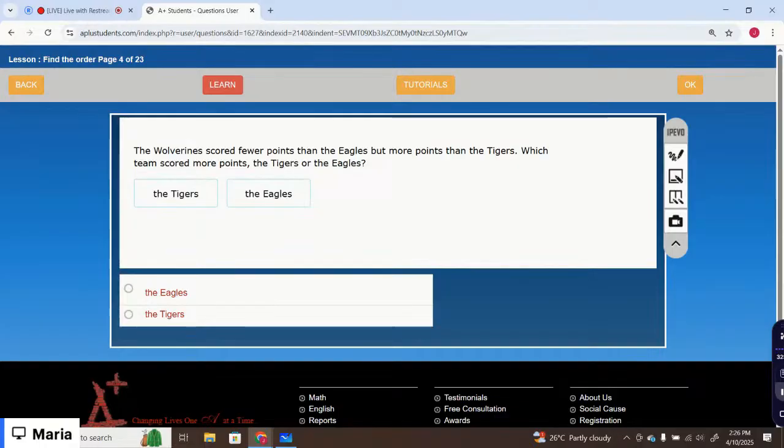The Wolverines scored fewer points than the Eagles, but more points than the Tigers. Which team scored more points, the Tigers or the Eagles?